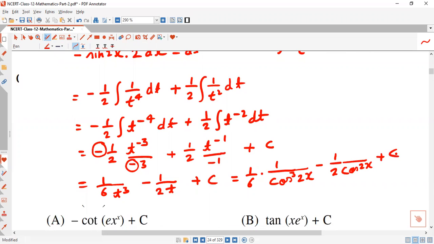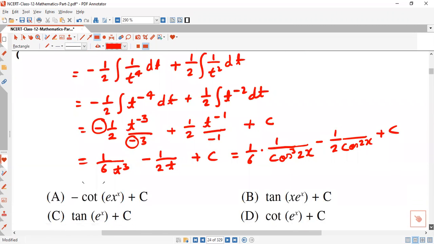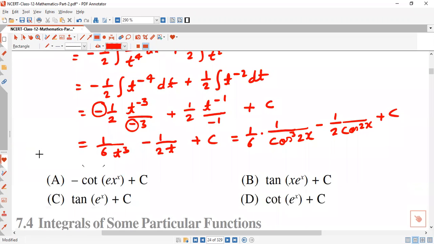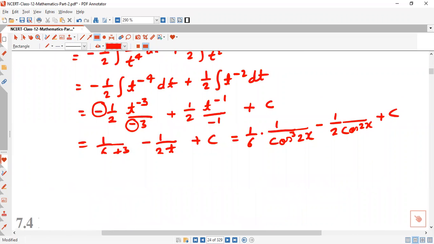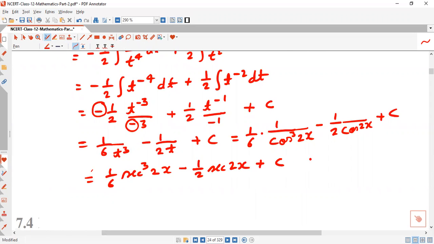Now, the question is given in terms of sec functions, so we converted into cos, and now we convert back into sec. Taking the reciprocal, it becomes 1 by 6 sec cube 2x minus 1 by 2 sec 2x plus some constant c. This is the answer of question number 15.